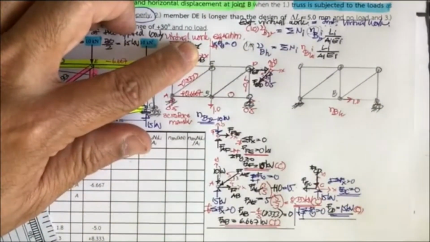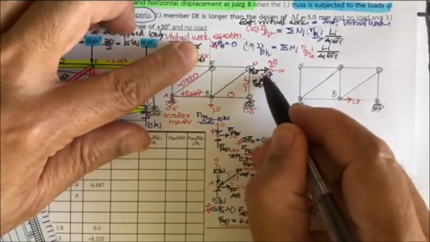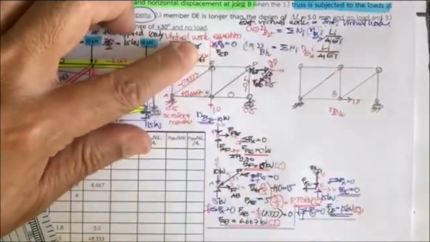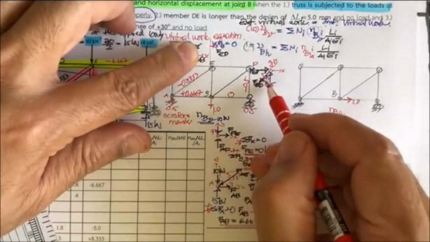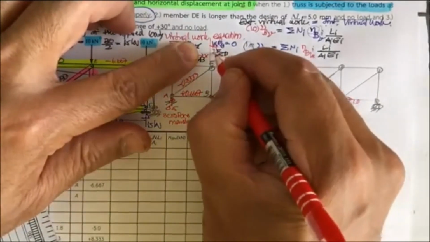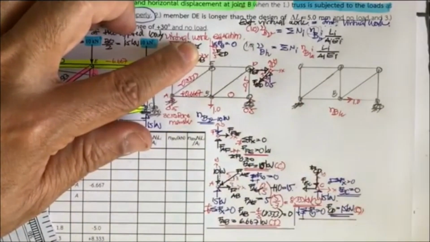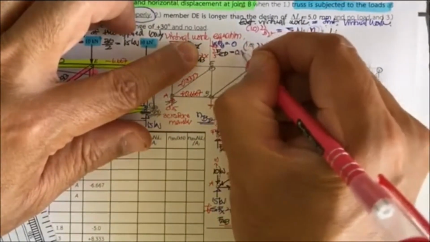So you get F sub ED downward times 3 over 5, times 3 over 5. This is downward, and it is going to equal 0.5.